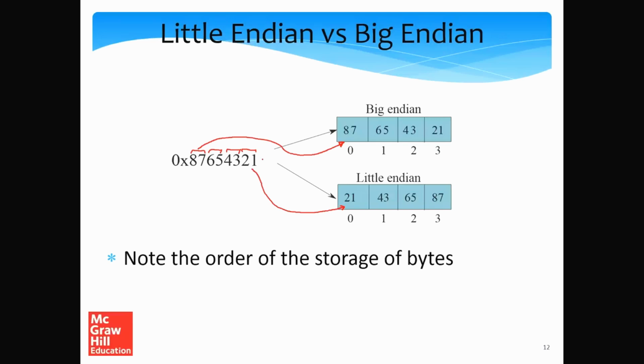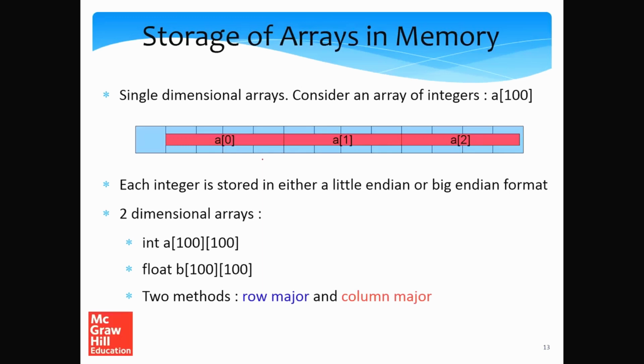ARM and x86 designers have gone for little endian, whereas IBM and Sun designers have gone for the big endian scheme. So different conventions are there, and the hardware as well as the assembly language writer, the assembler and compiler writers need to be aware of the particular mechanism or scheme that's being used.